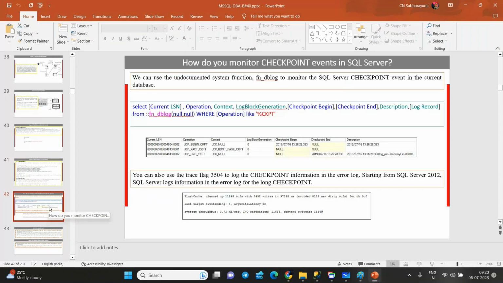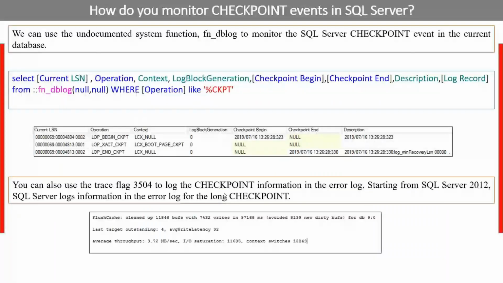And sir, if you wanted to get the checkpoint trigger time, you can enable trace flag 3504. If you enable trace flag 3504, every time whenever a checkpoint triggers, it will write in the SQL error log.